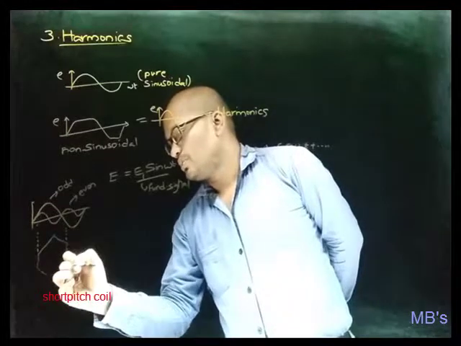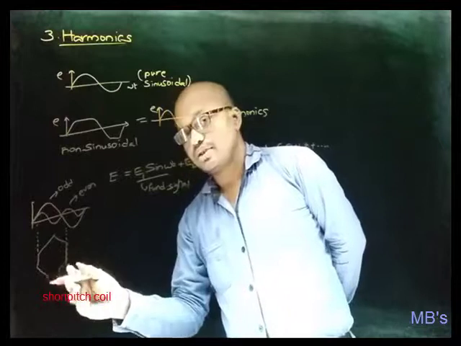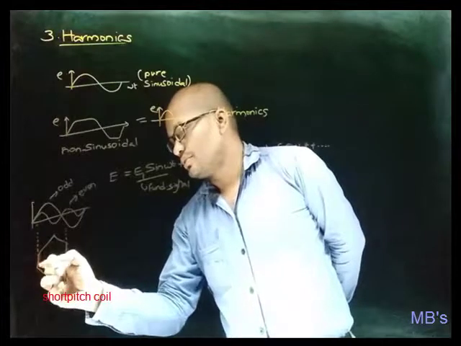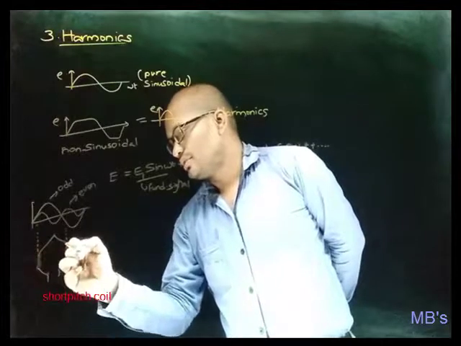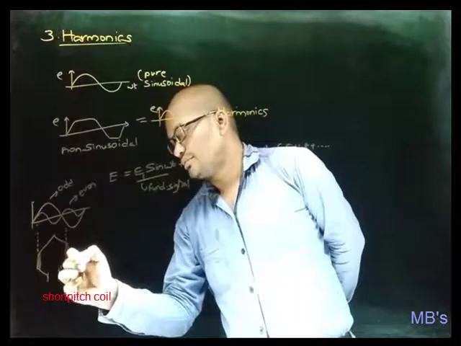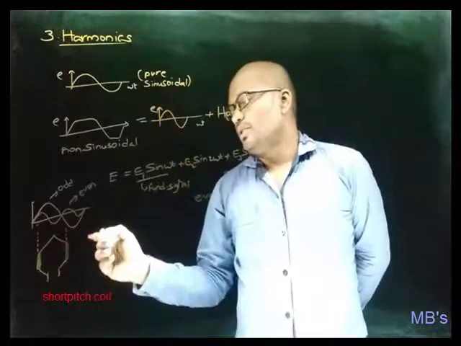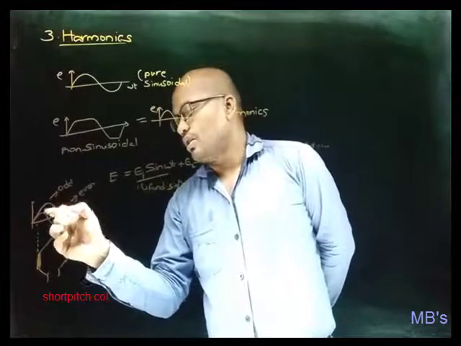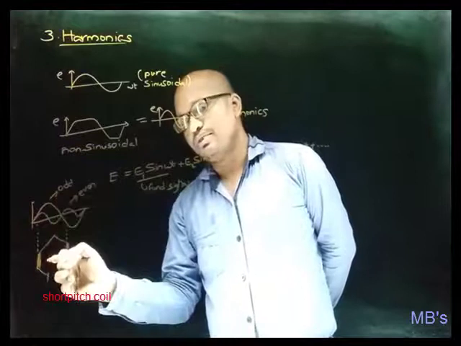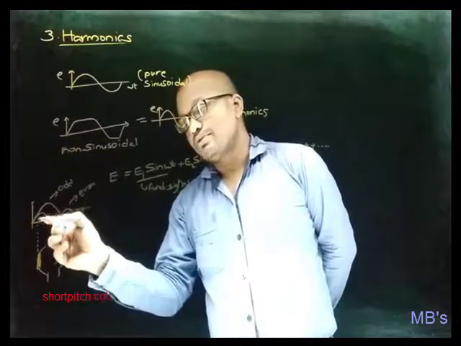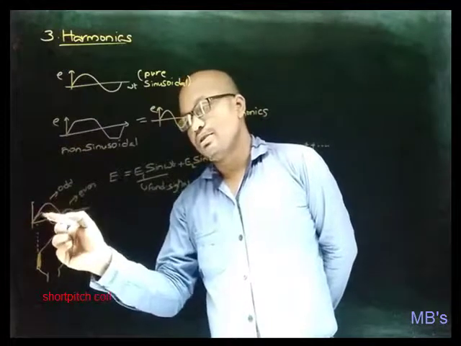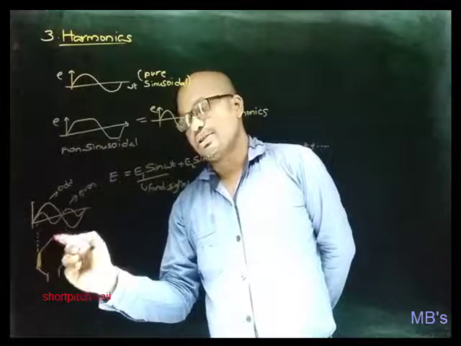A coil is a combination of two conductors with N connections. This is one conductor and this is the other conductor. Because of this odd harmonic signal, there will be EMF induced in the conductor, as well as because of even harmonics, EMF also will be induced in this conductor.